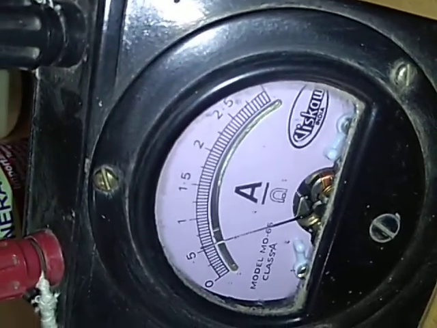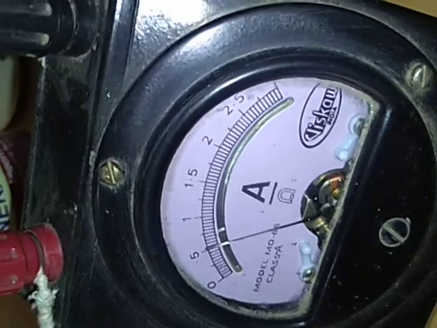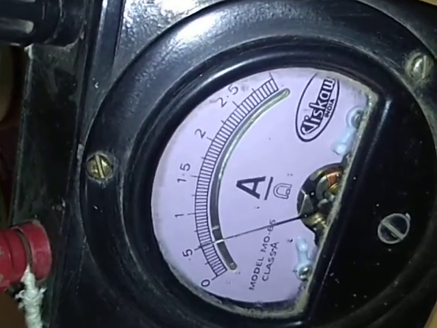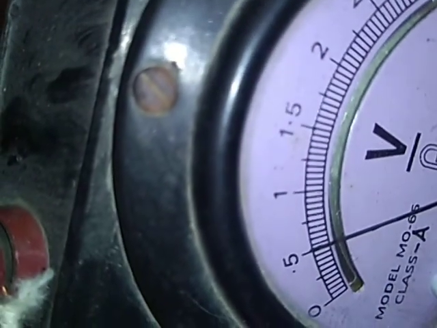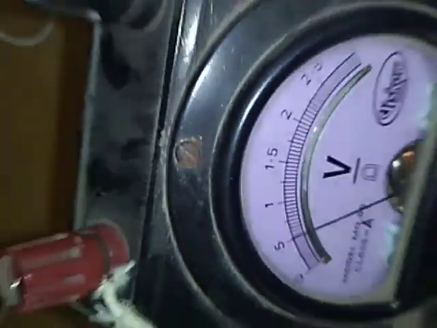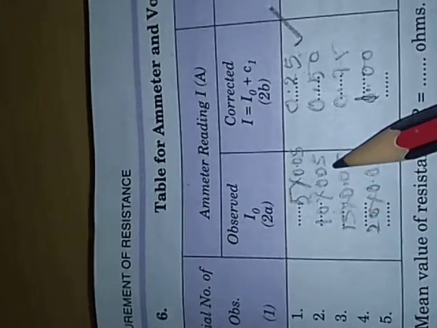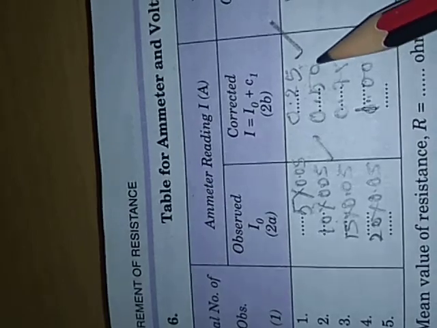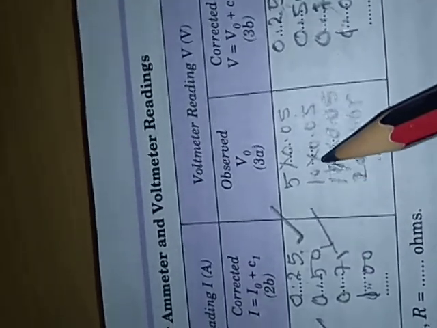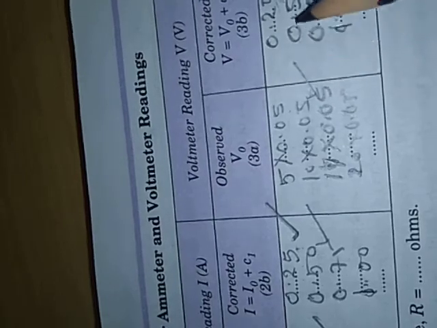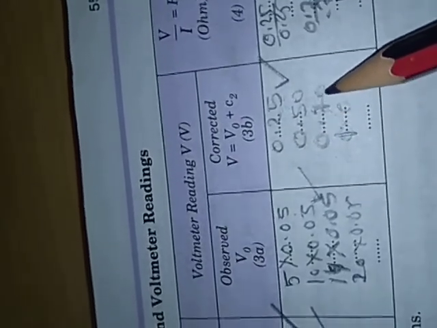Observing the value of the voltmeter, it is again 0.5. Then calculation is: number of divisions this time 10, least count 0.05, then reading is 0.50. Number of divisions 10, here also least count 0.05, then reading is 0.50, and then we got the resistance again of 1 ohm.